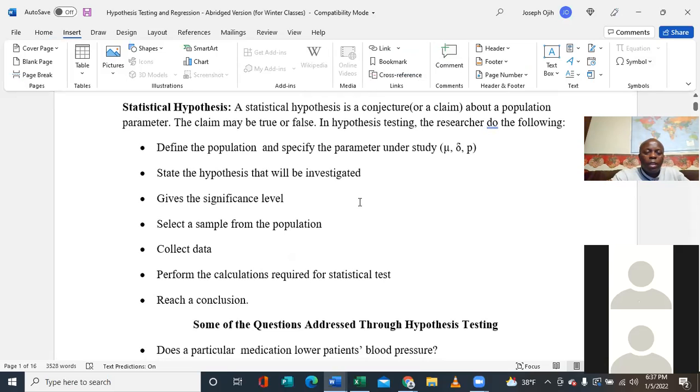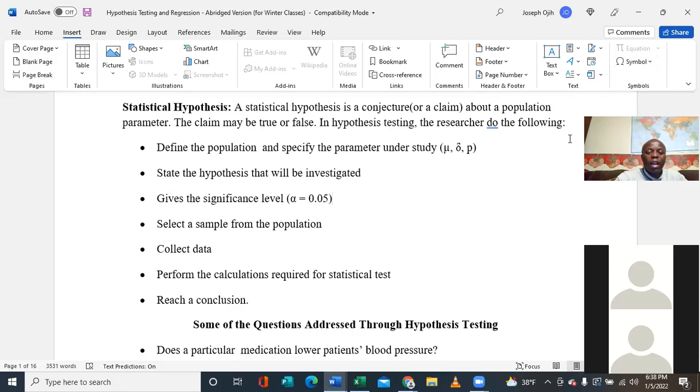Then you state the hypothesis that we investigate and give the significance level. I explained to you what the significance level is when we were doing a confidence interval. Alpha is the significance level. We use the symbol alpha to represent the significance level. So if you say alpha is, let's say, 0.05, you mean that your chance of being wrong is 5%.